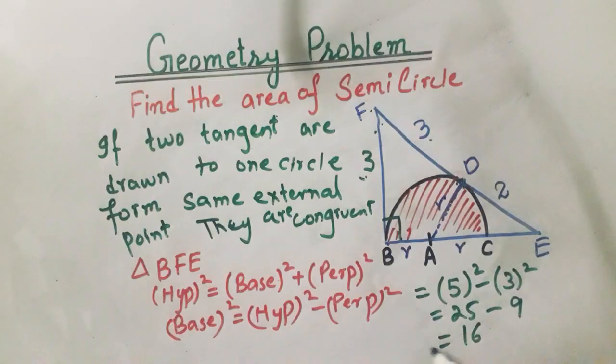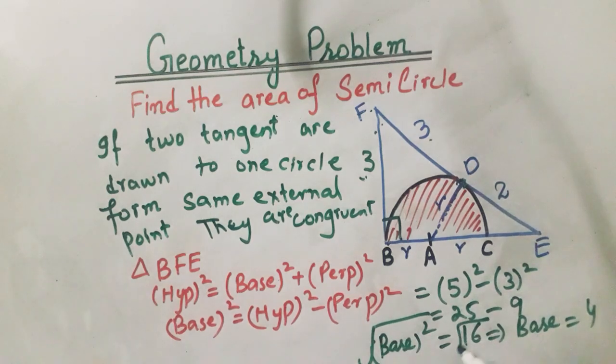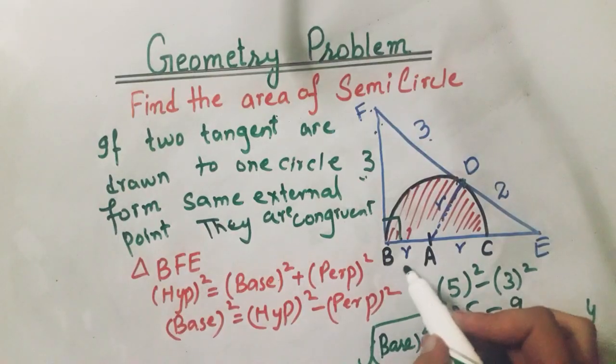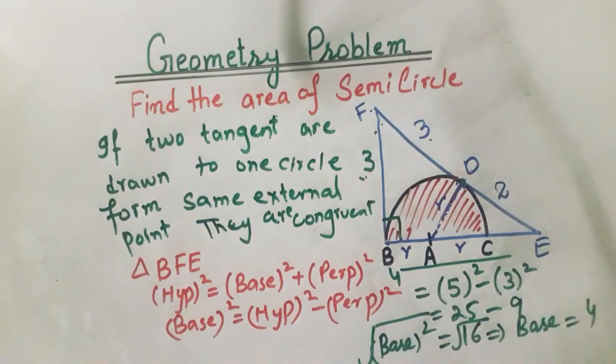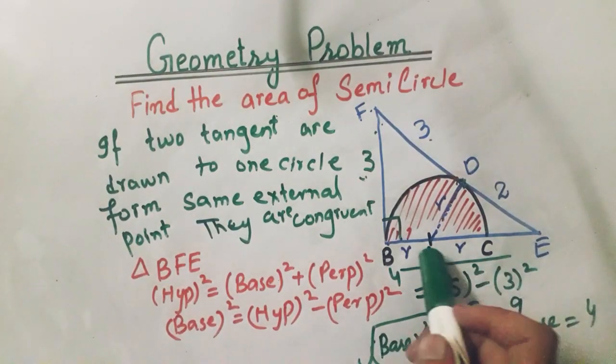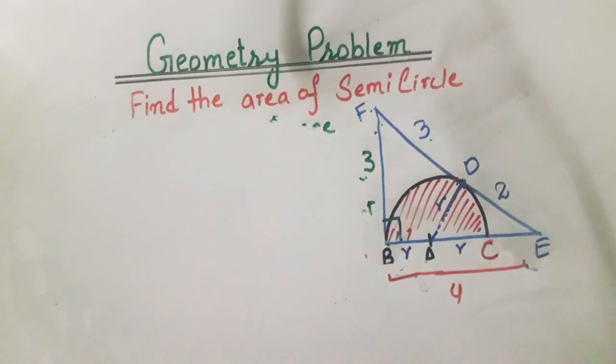So you get base square is 16. It means that base will be equal to 4, because we take the square root on both sides. Now after finding base is 4, it means this whole side is 4. We can easily find the value of R.